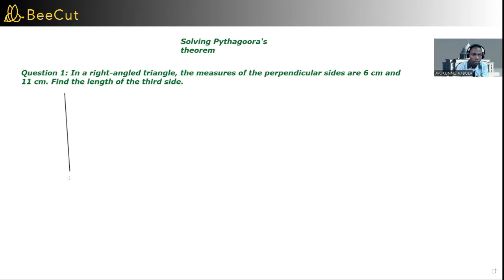So attempt to draw the right-angle triangle like this, and the other side. These are perpendicular sides, and the perpendicular sides are 6 and 11. So if the first one is 11, then I can say the second one is 6.